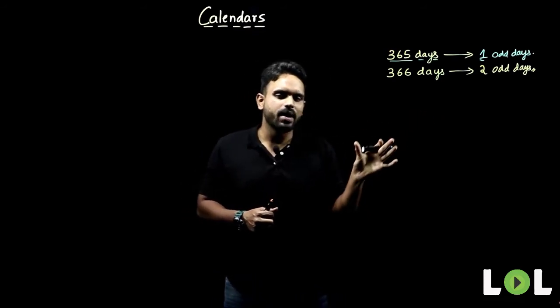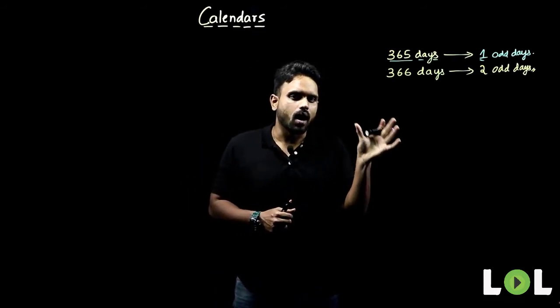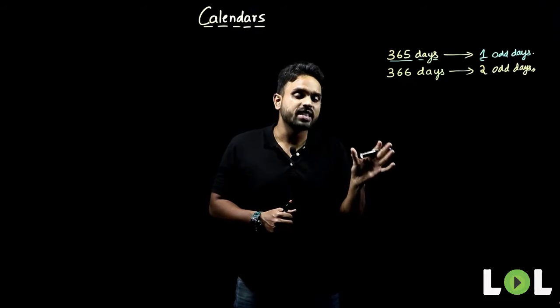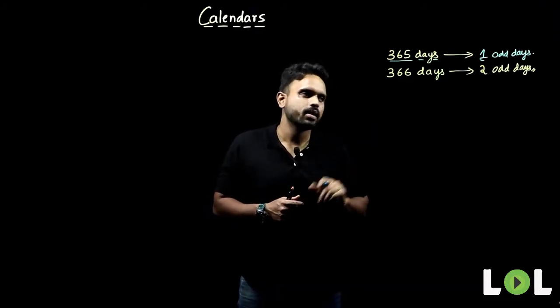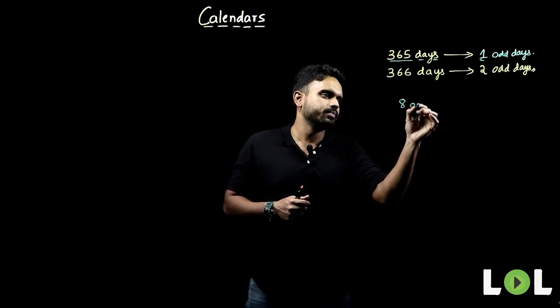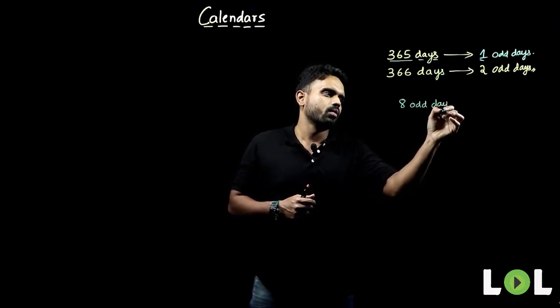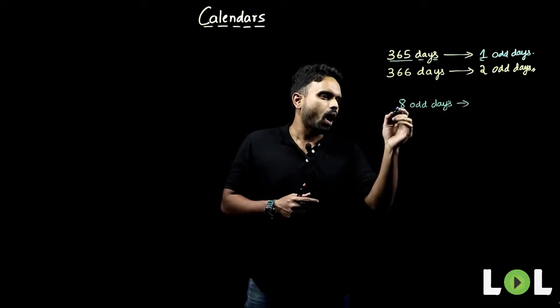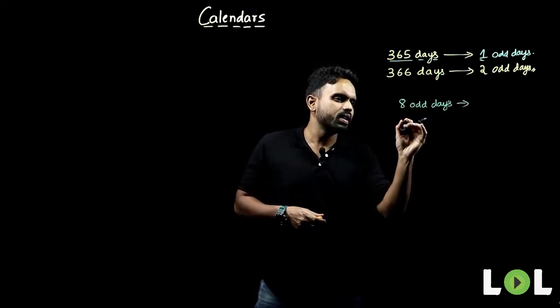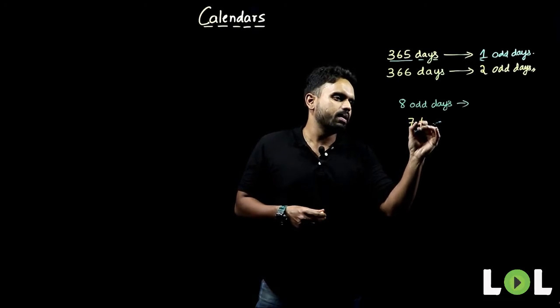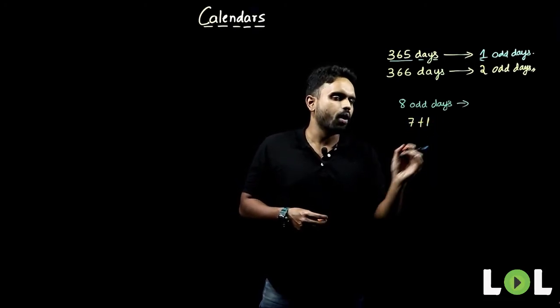Now, we have developed an understanding that odd days can never be greater than 7. What will happen if it is greater than 7? Let's say I have 8 odd days. Out of these 8 odd days, I can form 1 week of 7 days. 7 plus 1 will be remaining. So, how many odd days will I have?